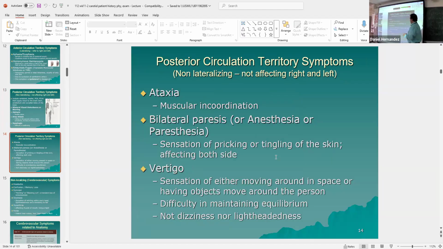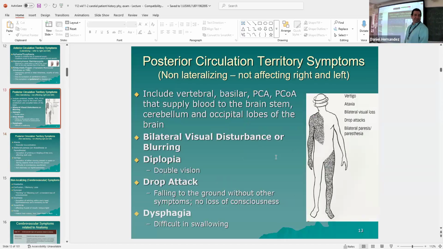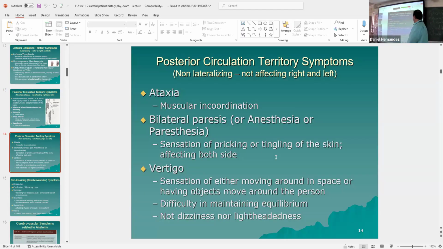Bilateral body symptoms, so paresthesia, paralysis, if it's both sides of the body, and vertigo. So vertigo again is that big one that they like. They love vertigo, they like ataxia, knowing that it's bilateral symptoms, bilateral vision disturbances, bilateral body symptoms.